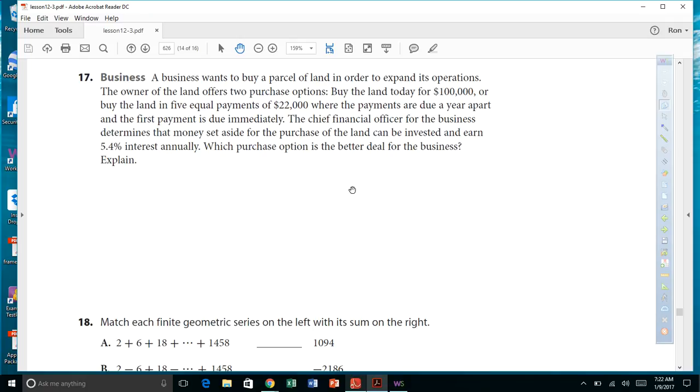Okay, well, it sounds like the second option, you're paying more. But the chief financial officer for the business determines that the money set aside for the purchase of the land can be invested and earn 5.4% interest annually. So now which one's going to be better? Which purchase option is the better deal for the business? Explain.